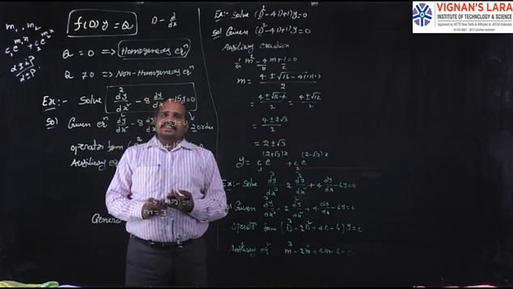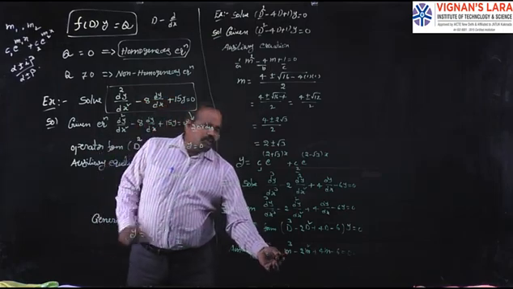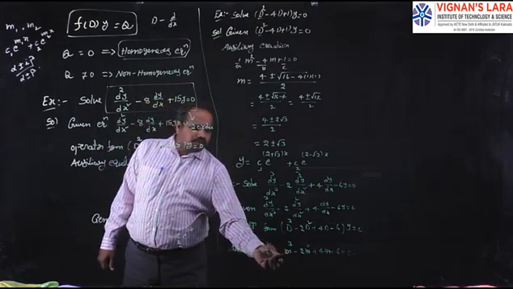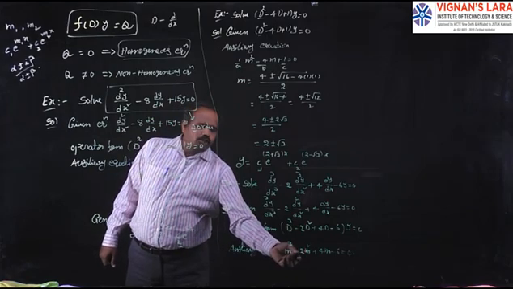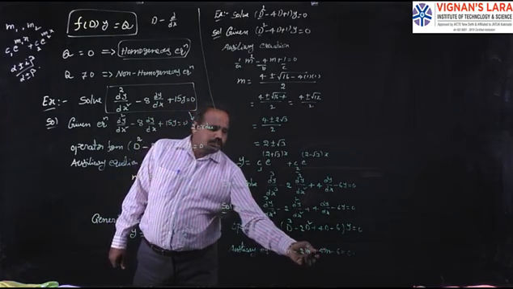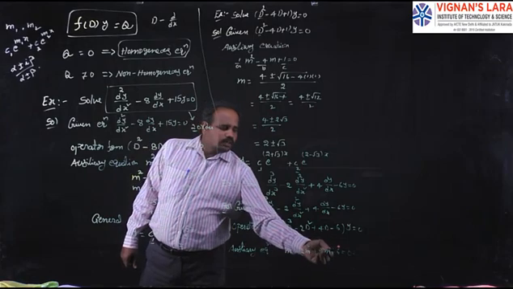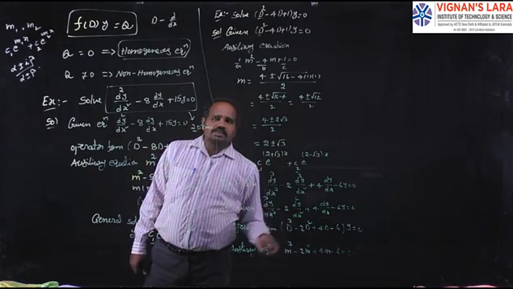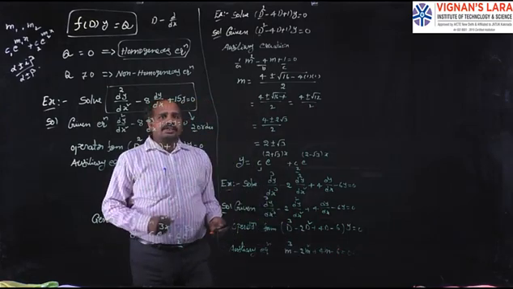What is synthetic division? We write the coefficients of each and every term. What is the coefficient of m cube? 1. Coefficient of m square? Minus 2. Coefficient of m? 4. Constant term? Minus 6. By using all these, we evaluate one root.